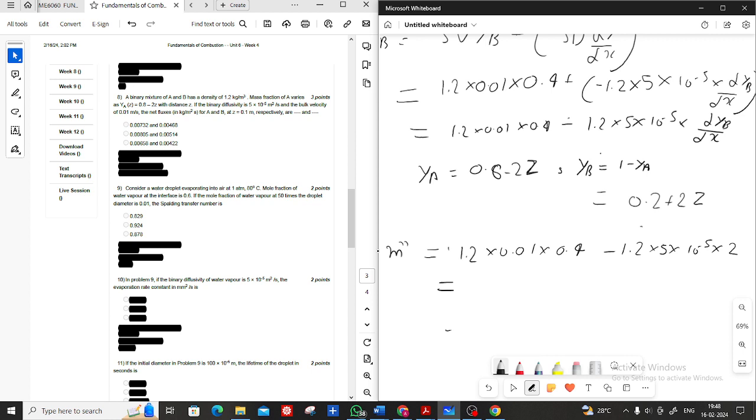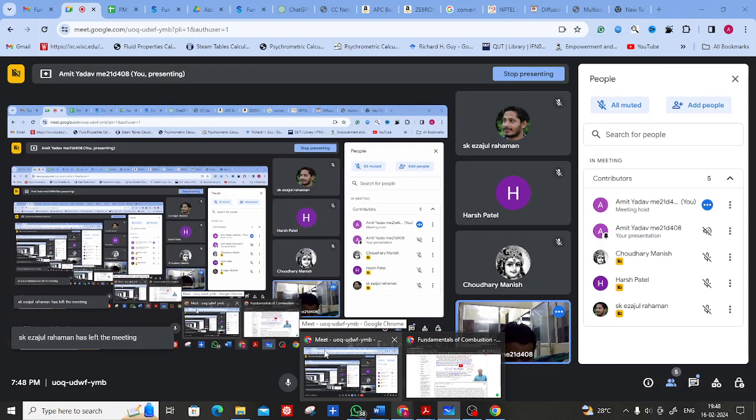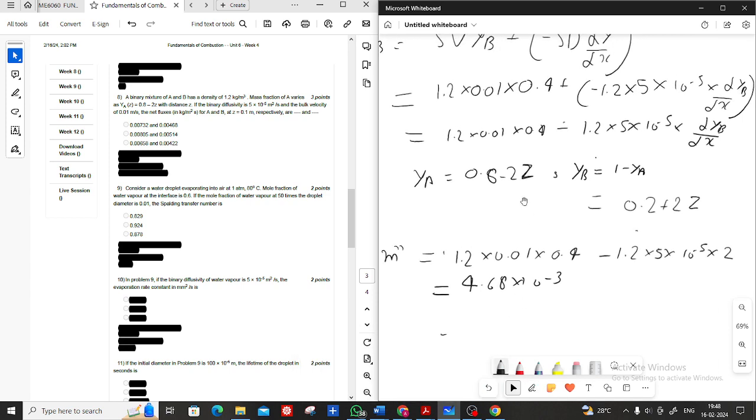If you solve this, you will get 4.68 into 10 to the power minus 3. Okay, do you agree or not? Izadul, do you have any doubt here?